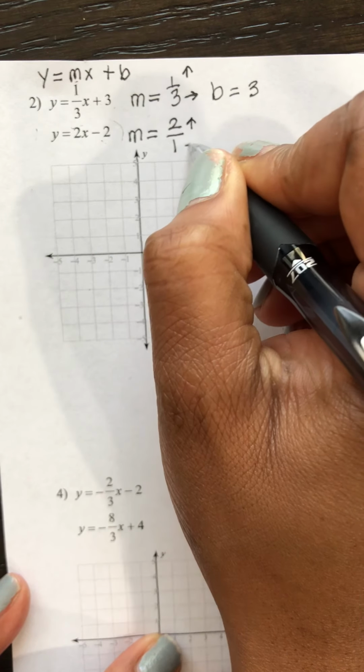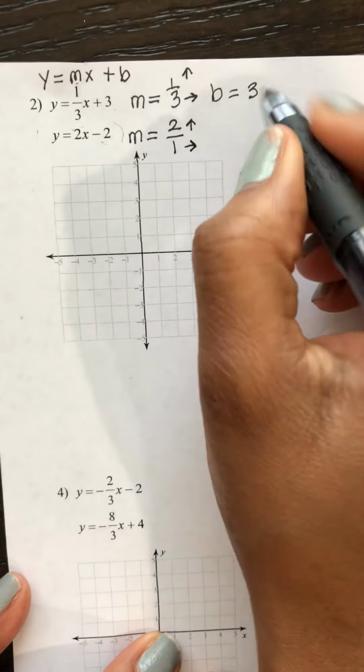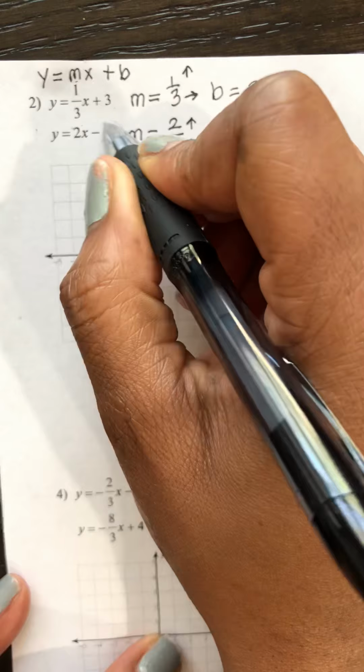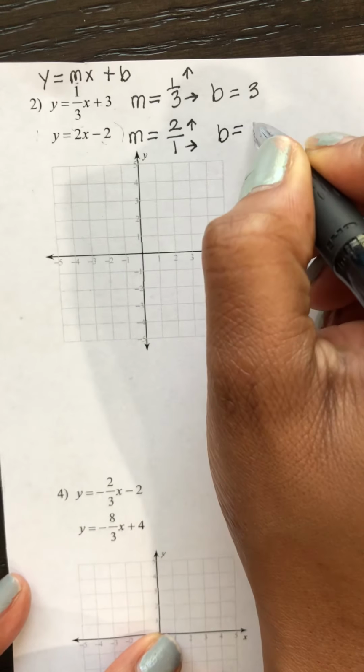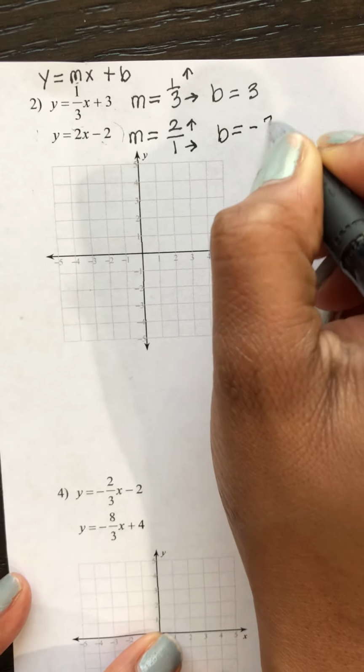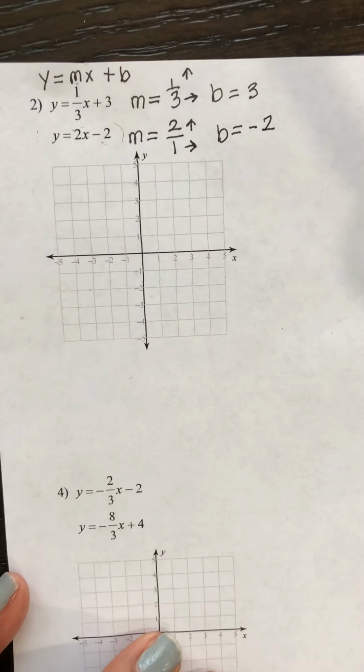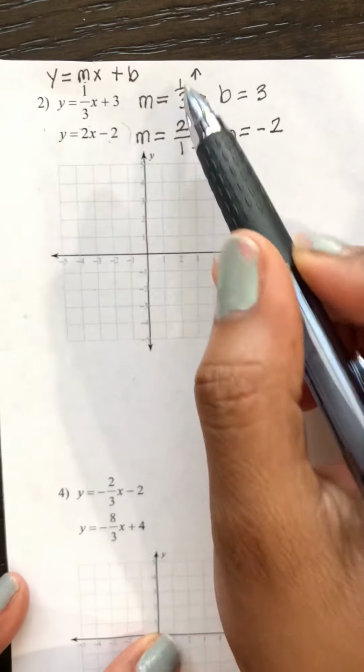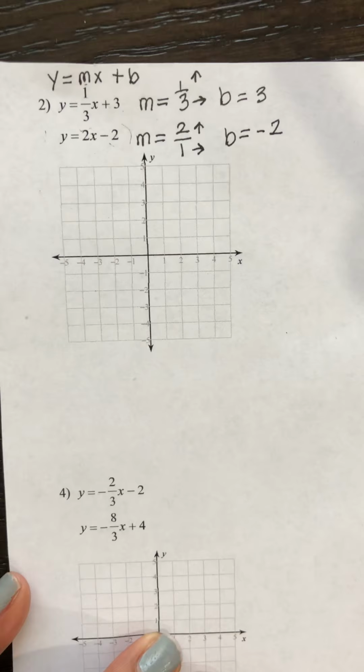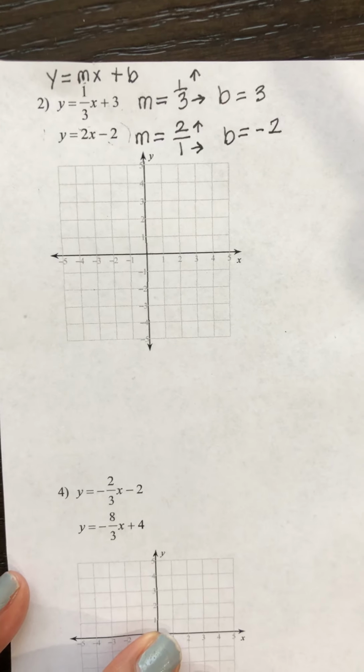And then a positive 1 means we're going to the right 1. And then our y-intercept, right over here, would be negative 2. Okay? All right, so now that we've identified our slope and our y-intercept for each equation, we're going to go ahead and graph each equation.